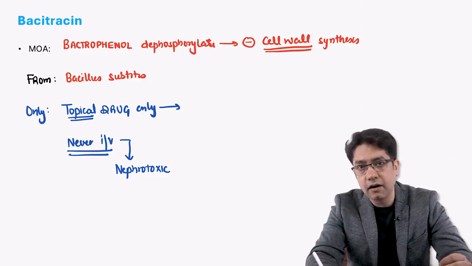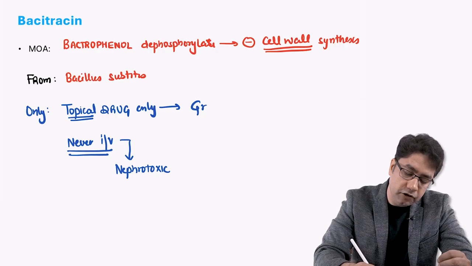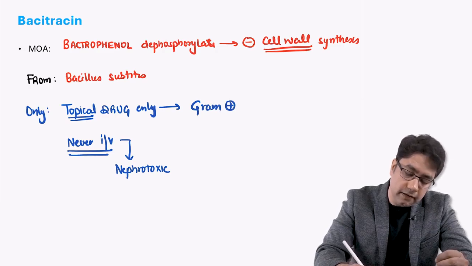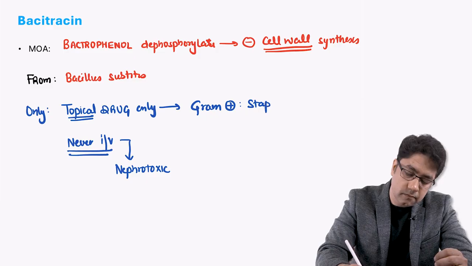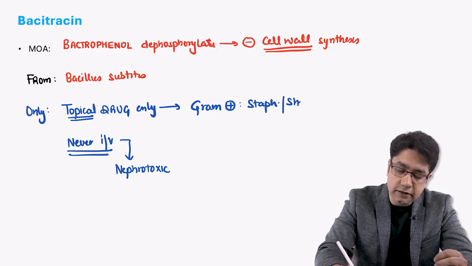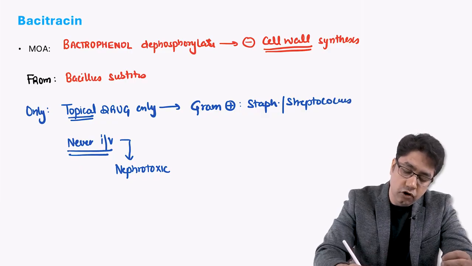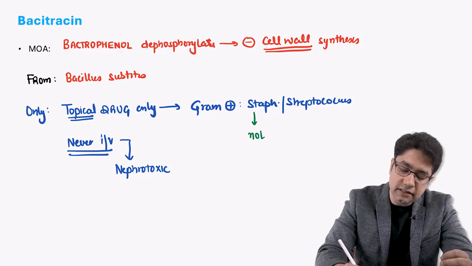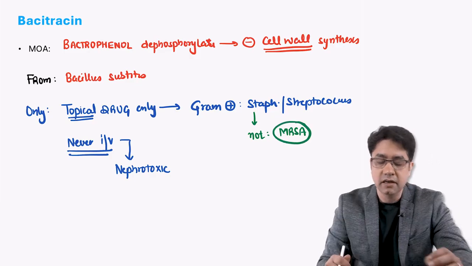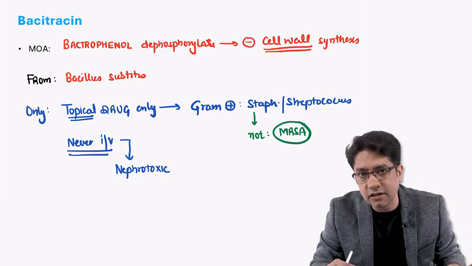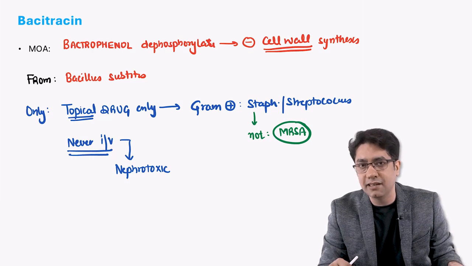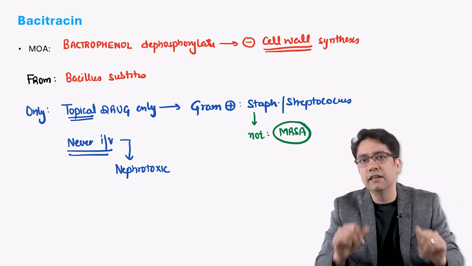And as a topical drug, it is given for gram-positive infections like Staphylococcus and Streptococcus. But remember, in Staphylococcus, it is not effective against one resistant strain of Staphylococcus, that is MRSA. We have discussed in the previous section the topical drug for MRSA was mupirocin cream.